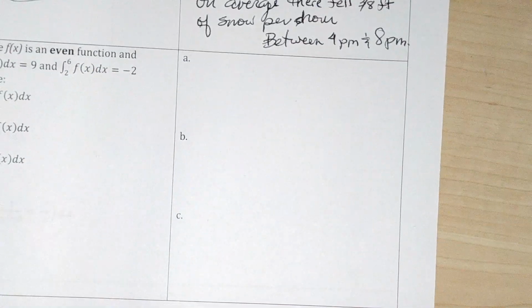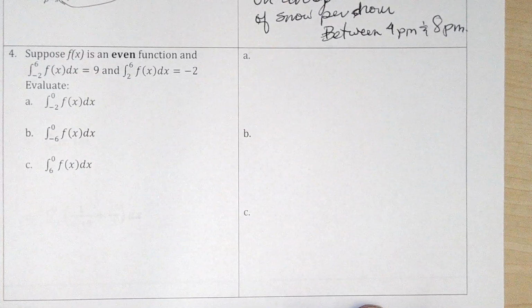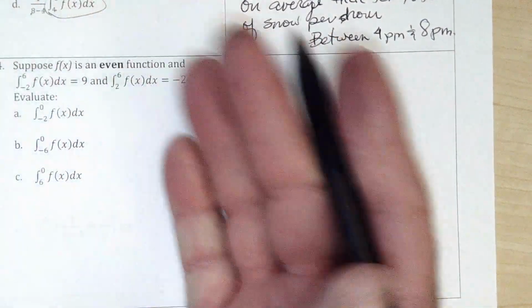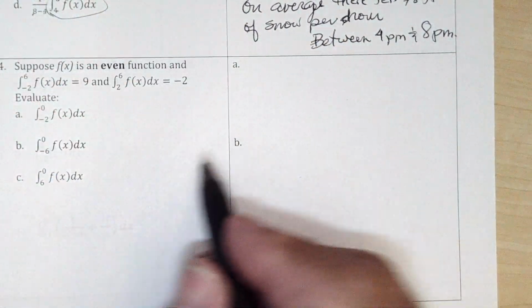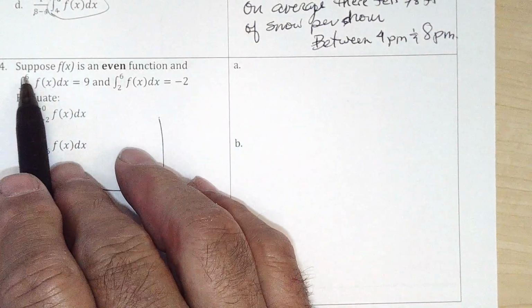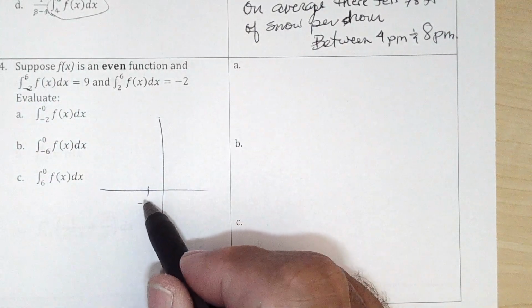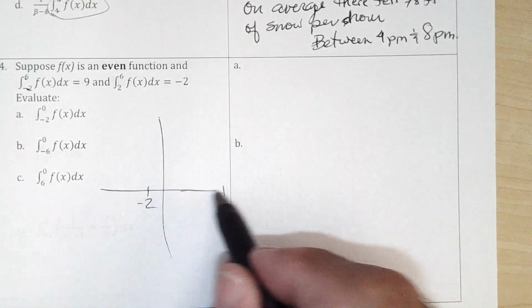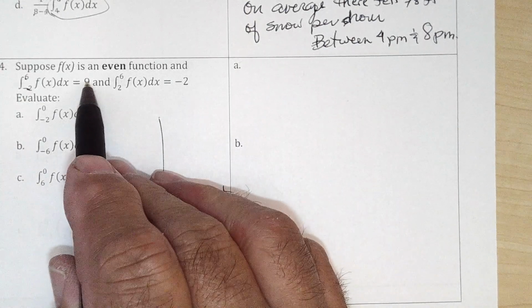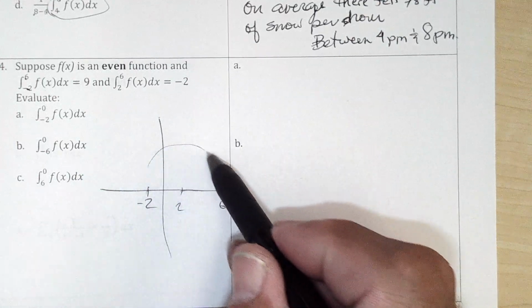Okay, 4. We have an even function, so it's symmetric on either side of the y-axis. So from -2 to 6, it's a total of 9.